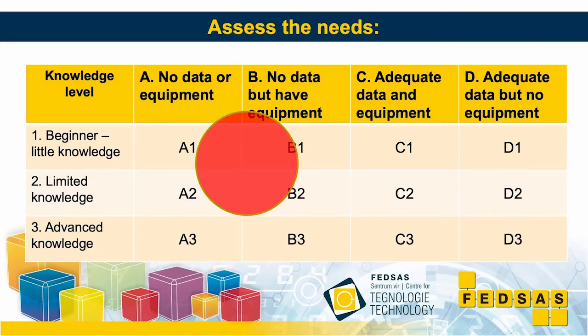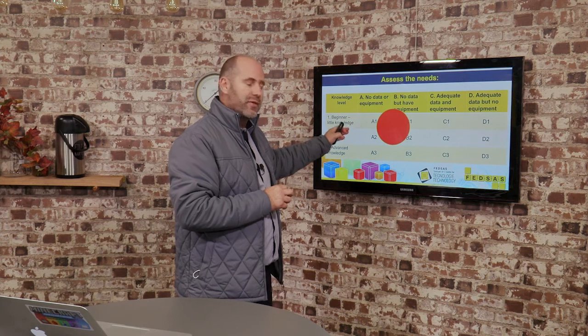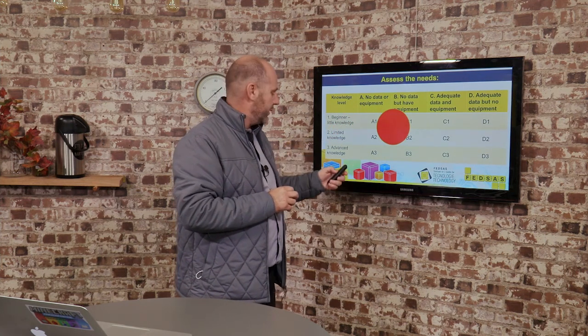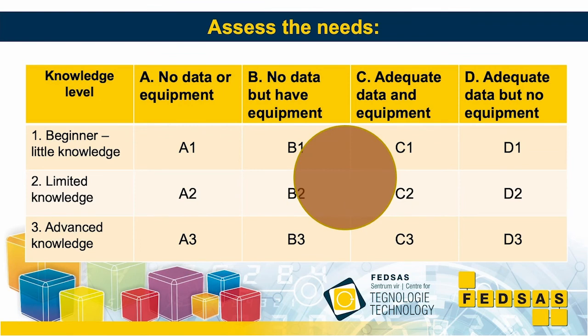So a red person will have no data or equipment and be at a beginner level of computer skills. We need to grow them from level 1 to level 2 and from level 2 to level 3. People that fall into the orange spot will have a mixture of access to equipment and data as well as a higher level of computer skills.